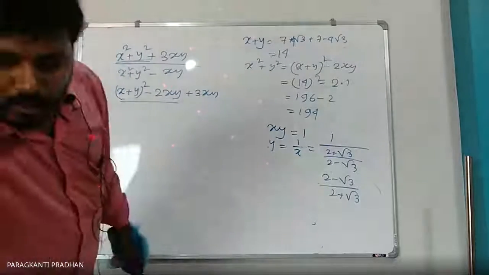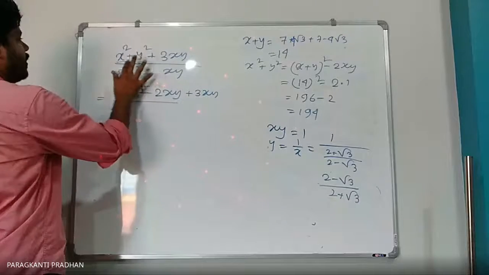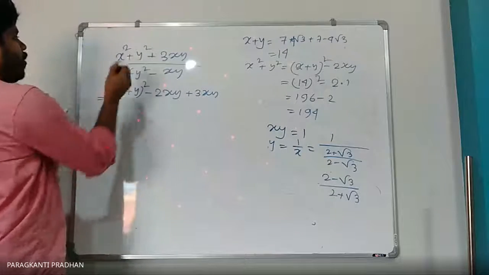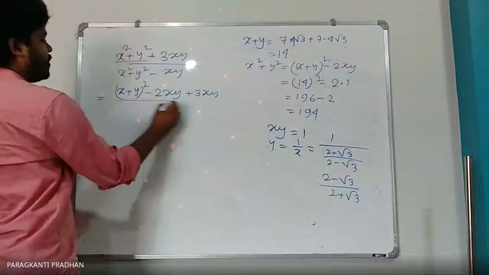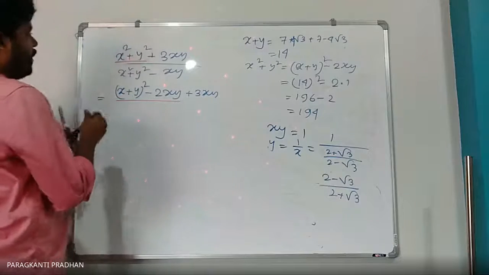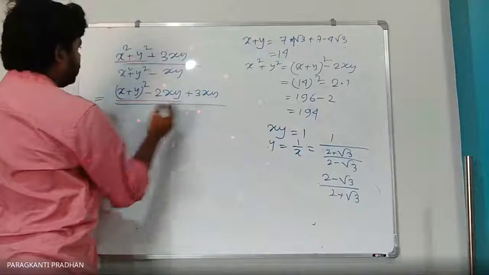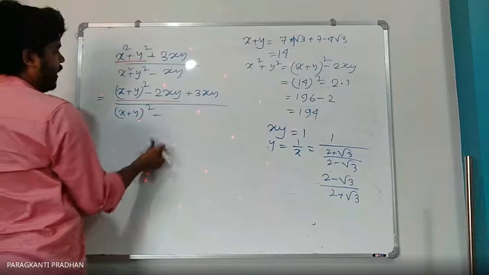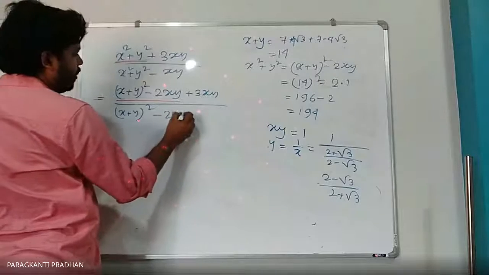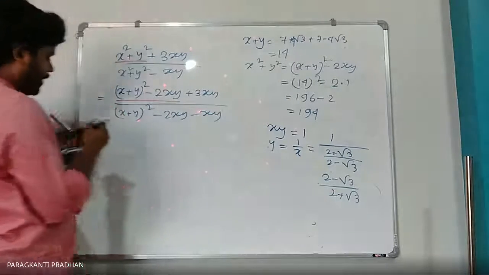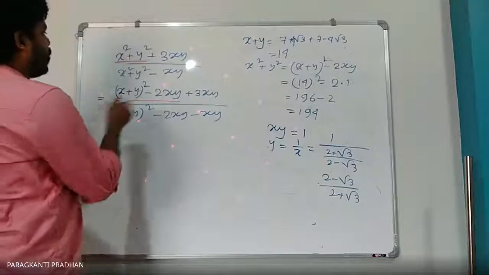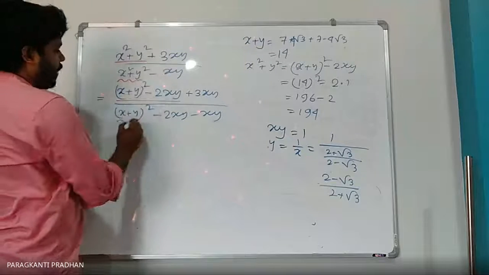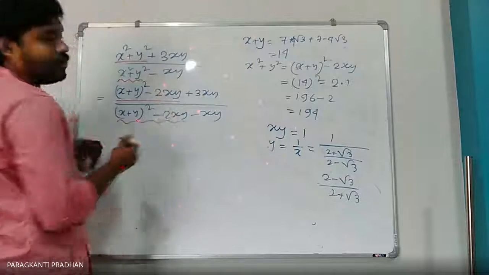Only this portion can be written as this, and the below one is x plus y whole square minus 2xy minus xy. Is it clear? Only x square plus y square can be written as this, and the minus xy value is there.